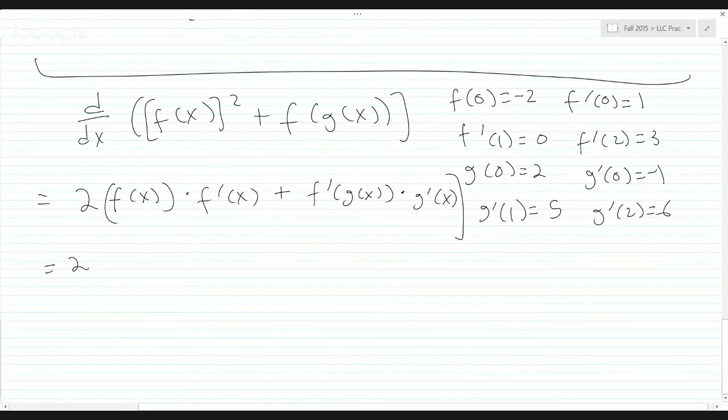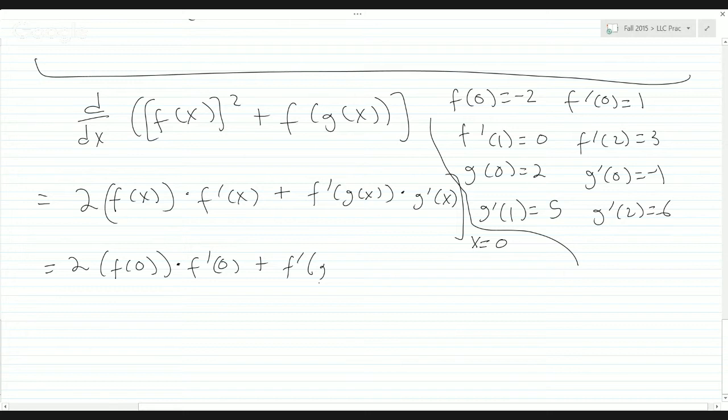So now it's just subbing stuff in. So we're going to use x equal to 0 to solve all of this. So we have 2 times f(0) times f'(0) plus f'(g(0)) times g'(0). Okay?